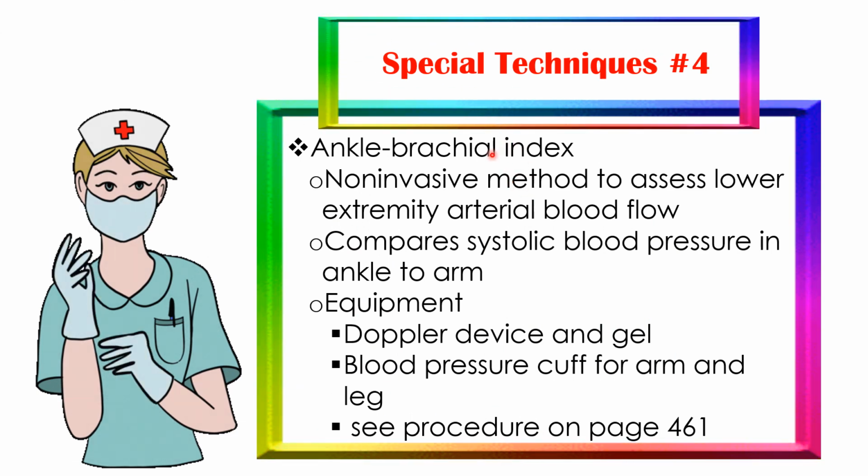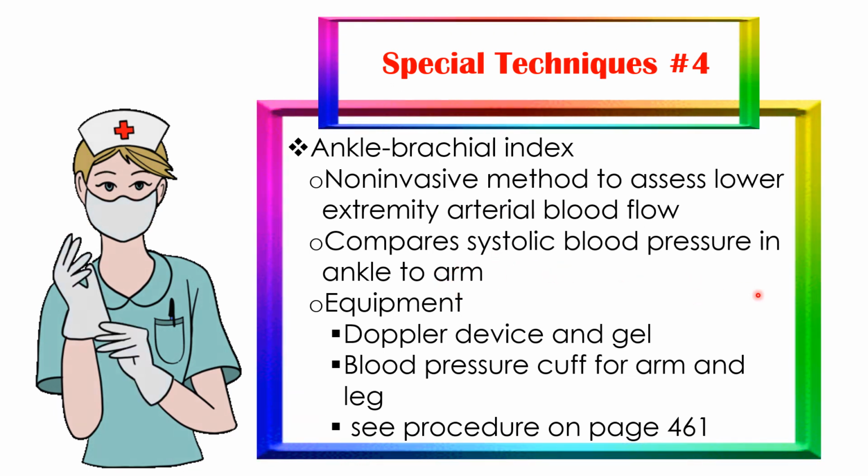If the patient has higher risk or has factors for peripheral artery disease, an ankle brachial index screening should be performed. This is a non-invasive method to assess the lower extremity arterial blood flow, wherein you compare the systolic blood pressure in the ankle to the arm.